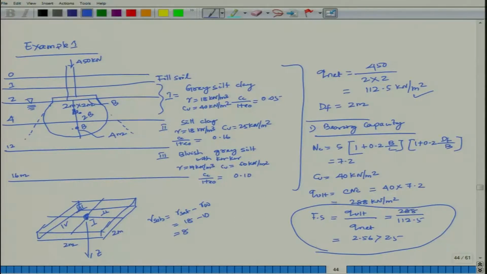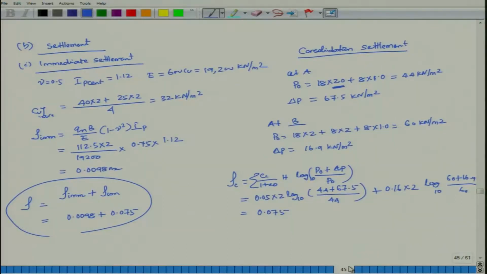This will be exactly at the corner. Then increase in stress has been calculated as 67.5 for case 1. Case 2 it is 16.9 kilonewton per meter square. So, consolidation settlement comes out to be 0.075 meter, which is 75 mm. Here it is 9.8 mm. So, adding it, 84 point something mm is your settlement.